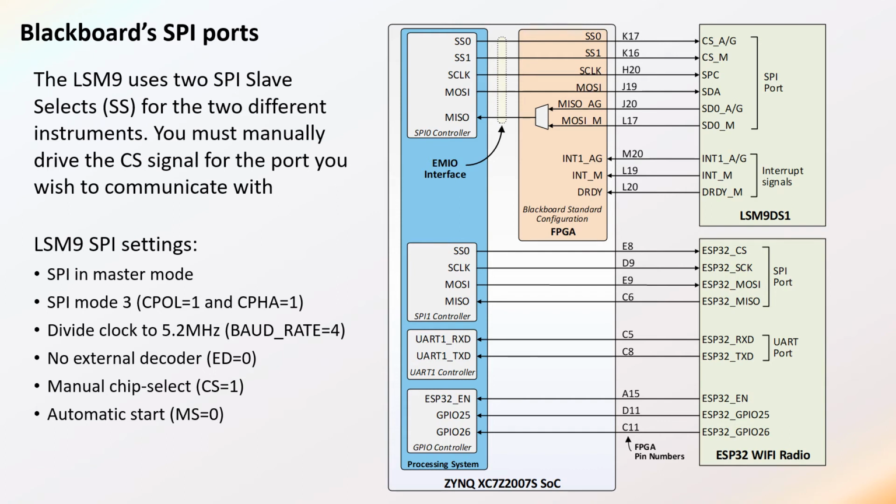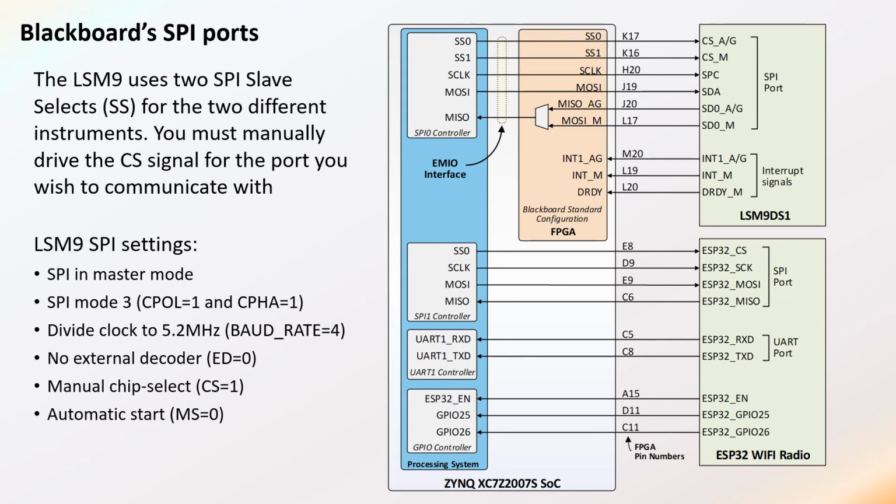SS0 is hooked to K17. K17 is the physical pin on the outside of the chip package on the Zynq. And the logical node slave select 1 is hooked to physical pin K16. Those 2 pins you can see on the LSM9 are connected to the 2 chip select inputs.